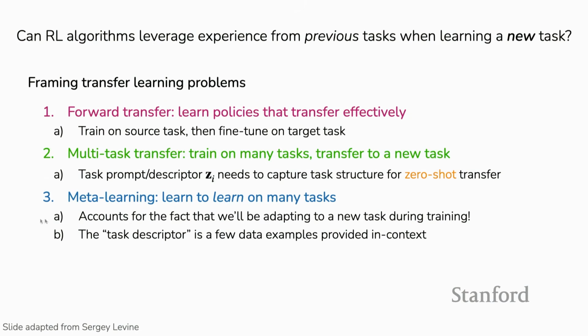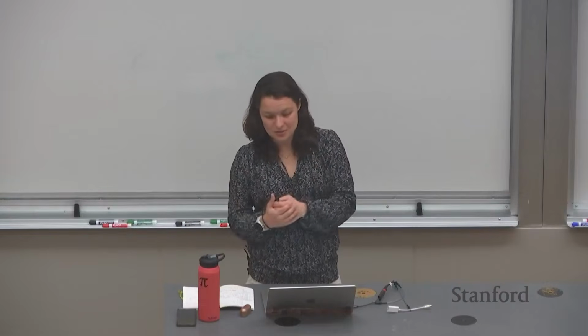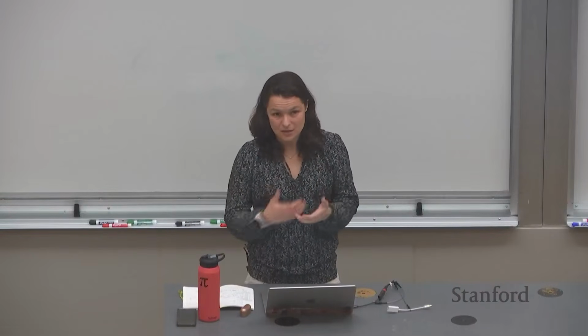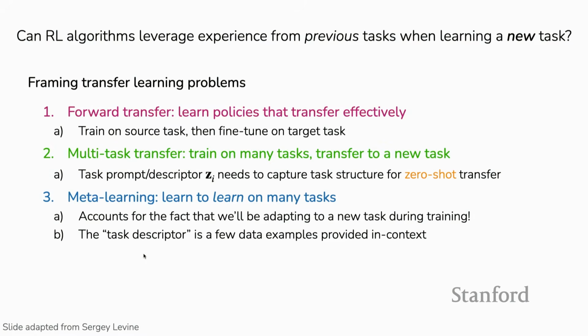Another way of thinking about this is that instead of having the task descriptor be like a prompt or an index, the task descriptor might actually be a data set itself, like a set of trials that you're going to be adapting to in the context of some policy. Another word for this is sometimes in-context learning or few-shot learning.